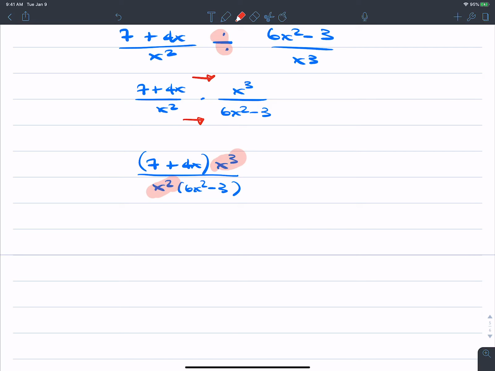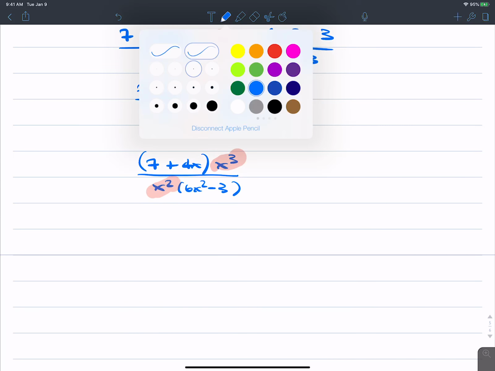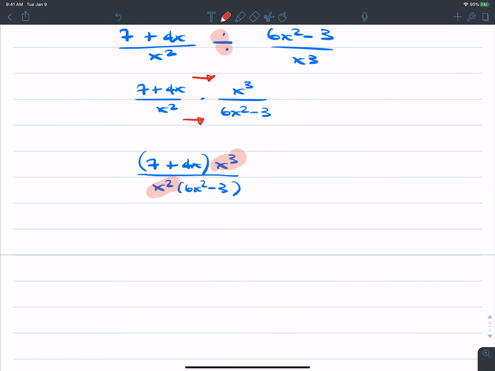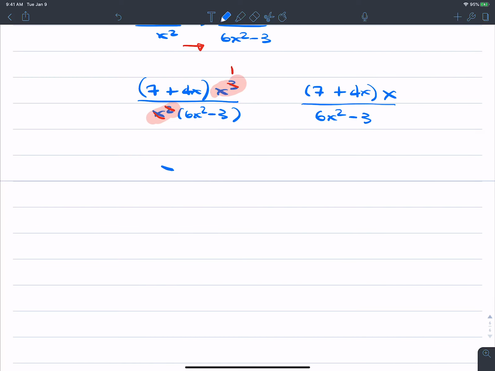So what that means is, 2 and 3 here, this fraction's gone, this power here is 1. So we have here 7 plus 4x times x to the first power over 6x squared minus 3. Now what we can do here is switch the order, and you have now x times 7 plus 4x over 6x squared minus 3.